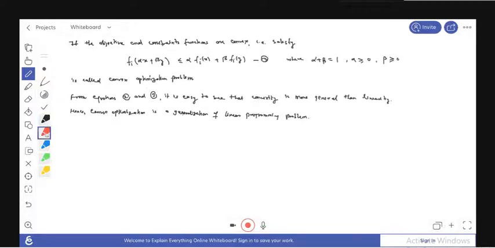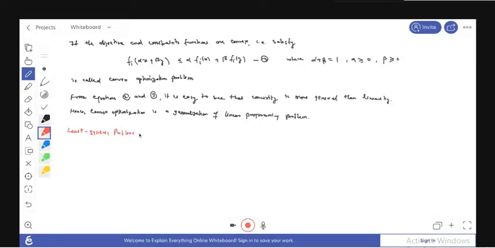Okay, types of programming problems. Here we write certain types of problems. The first one is the least squares problem. Here we deal with some examples.